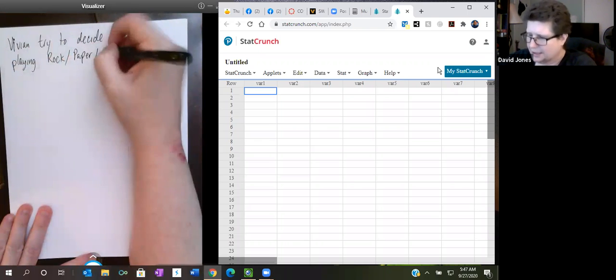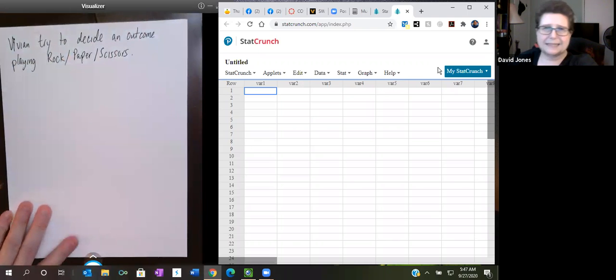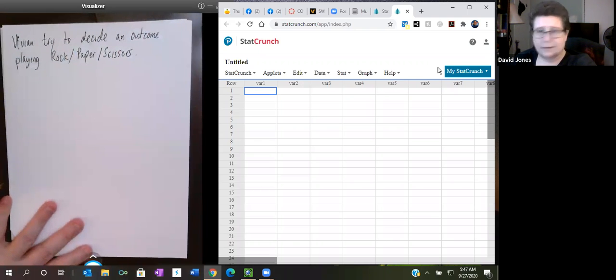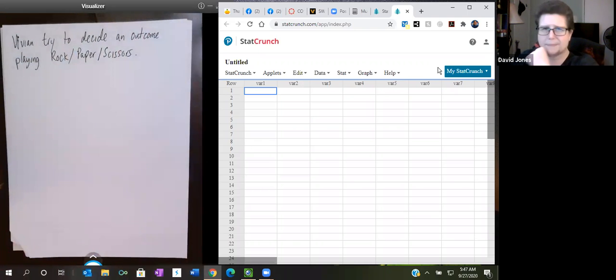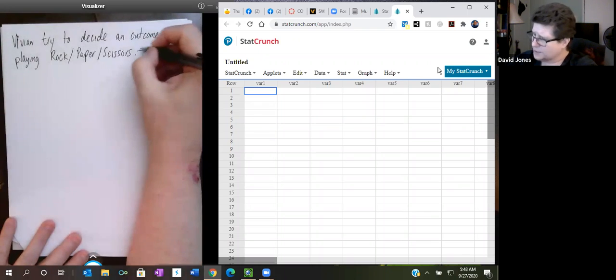I'm assuming that, and this is an assumption, everybody has played this game. This doesn't take any props. Your hands. If you don't have hands, it's a little different. But we're trying to decide an outcome playing rock, paper, scissors. And so we're going to play 5 times.